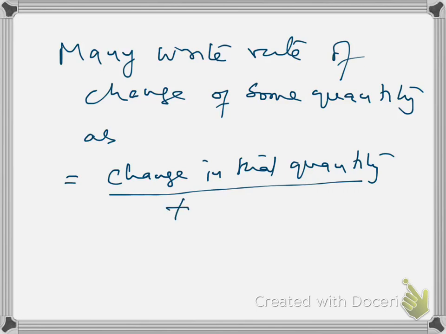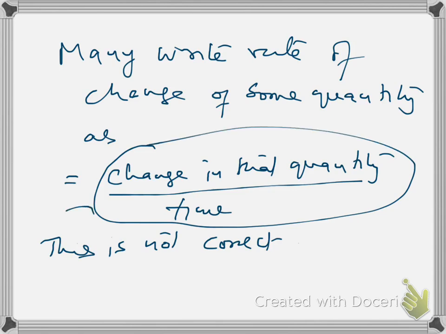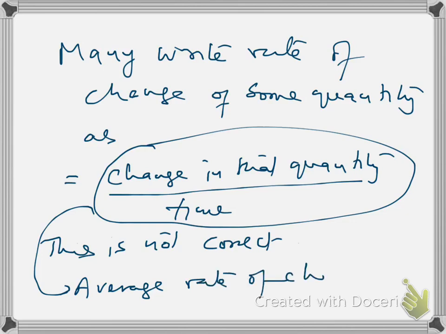This is what I told you in the last class. What you are writing as change in the quantity divided by time is called average rate of change. It's not called rate of change. Rather, it is called average rate of change.